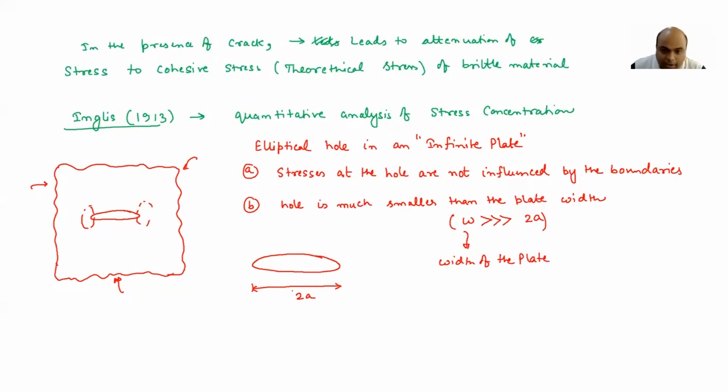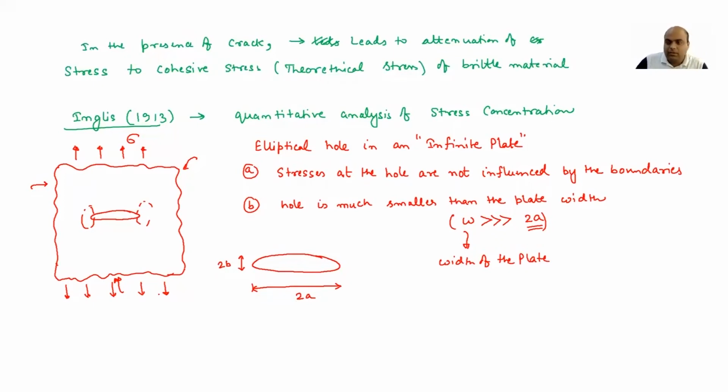Okay. And height is say 2B. So you have an elliptical hole. Height is 2B and length is 2A. Okay. So this 2A is that. And then you are having stress here as sigma. Okay, and this hole is a through thickness hole.